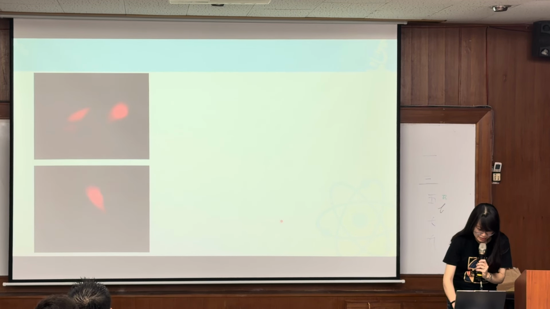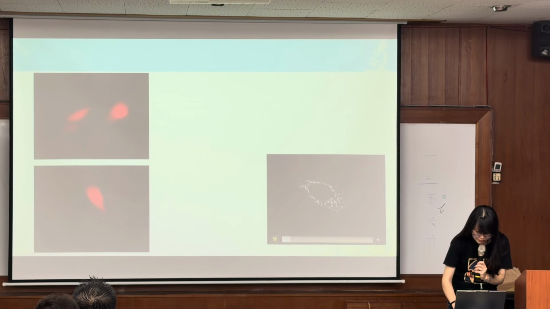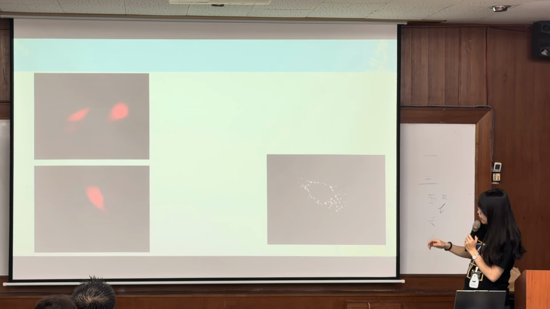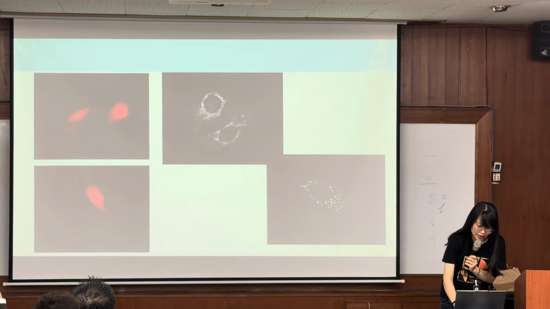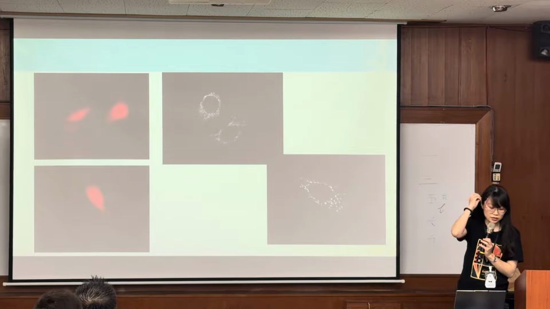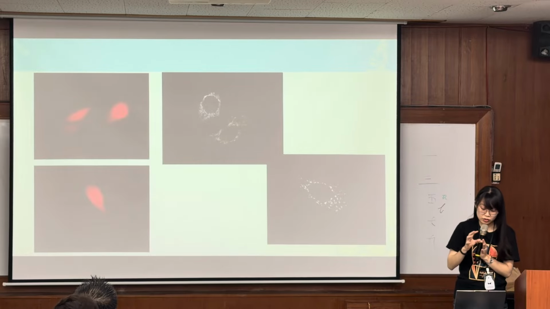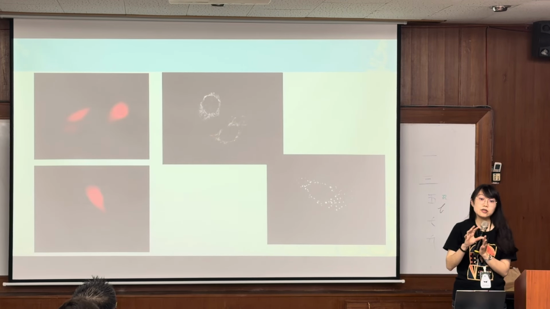But actually I have another one, this one. We can compare, the white means the mitochondria. If we apply a calcium-related chemical, it can regulate the movement of the mitochondria like this and this. And through our microscope technique, we can record and analyze how these mitochondria move.